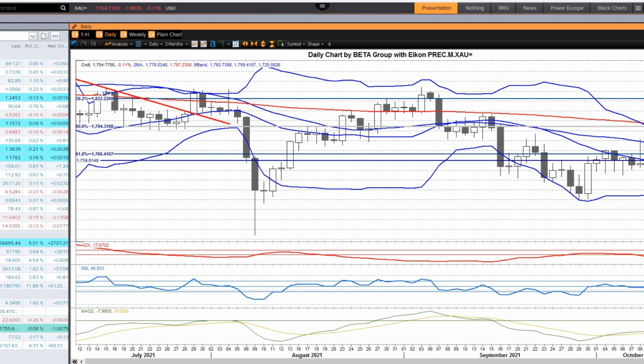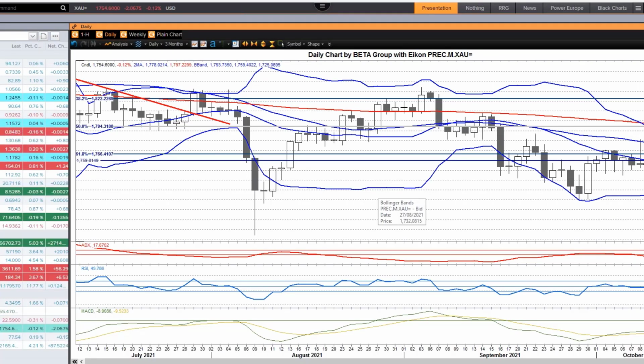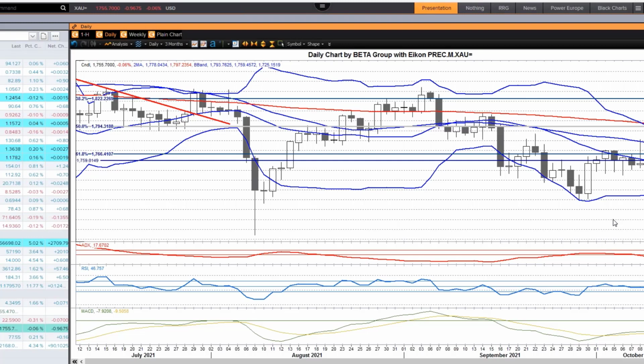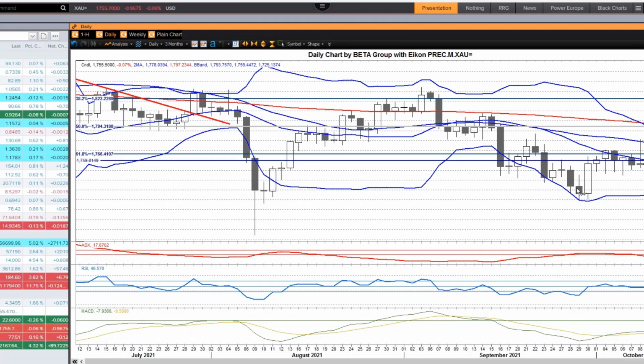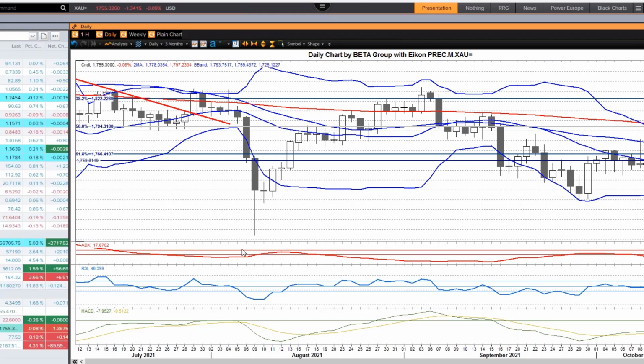On the daily chart, excuse my jumble of Bollinger Bands and lines and Fibonacci retracements, but essentially we're ranging here, with a 1720 low, the spike low at 1684, and then much resistance above us.